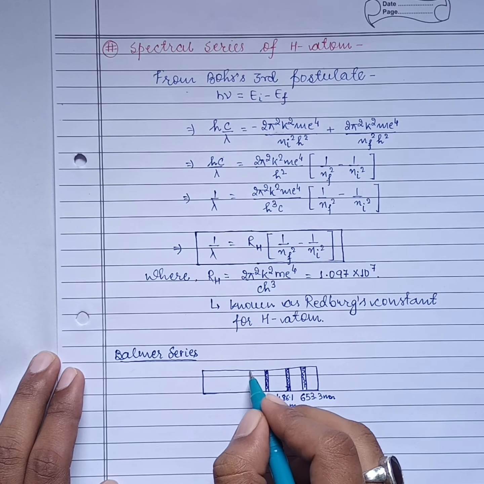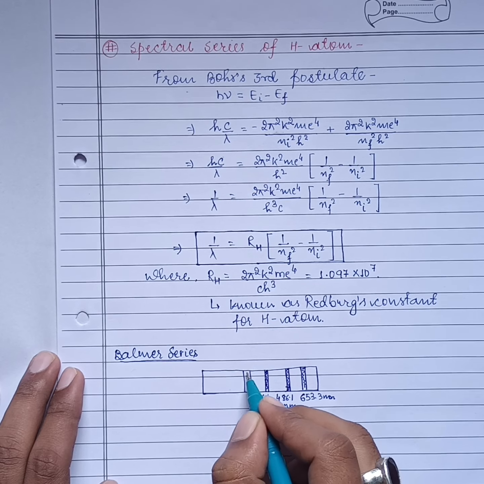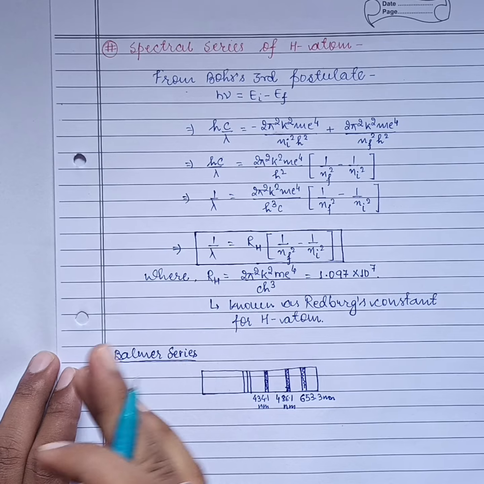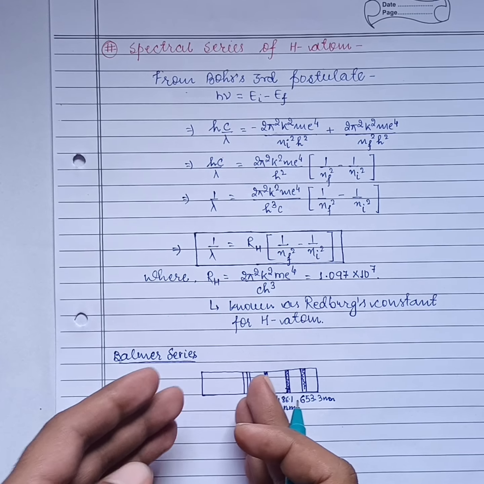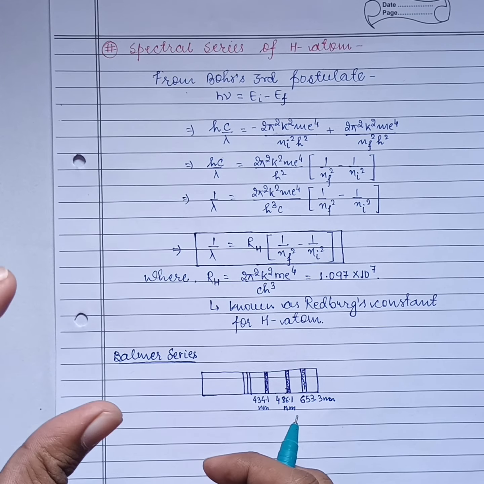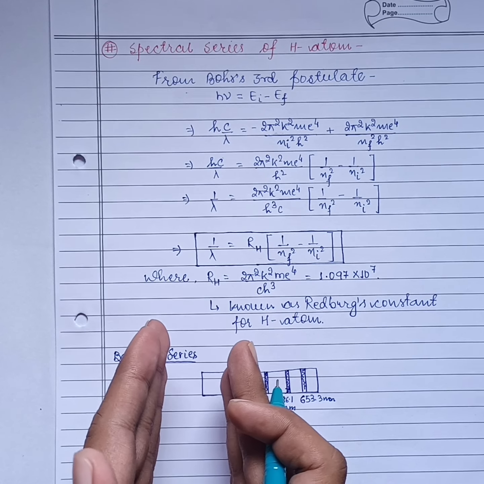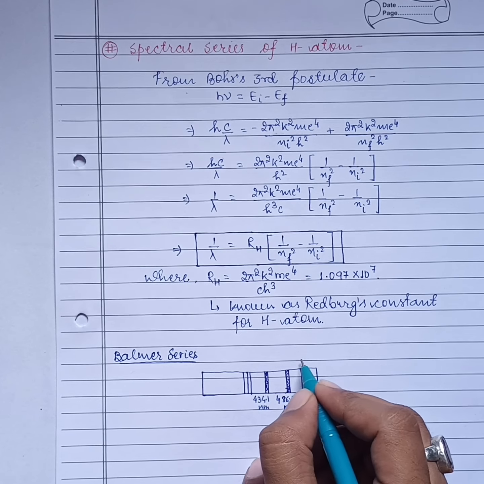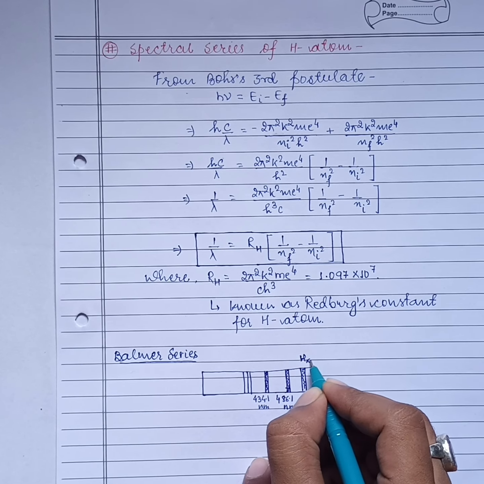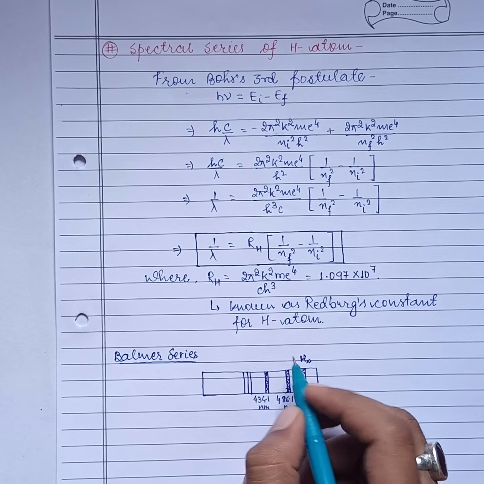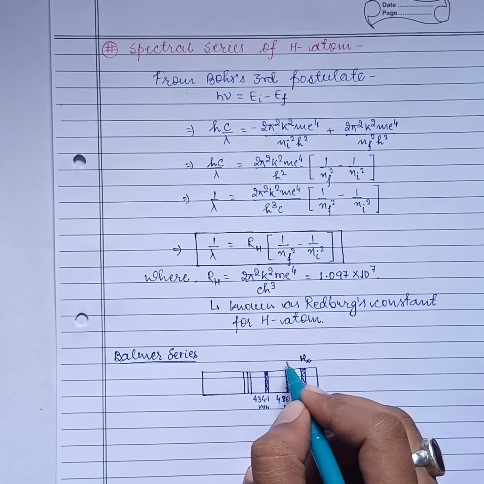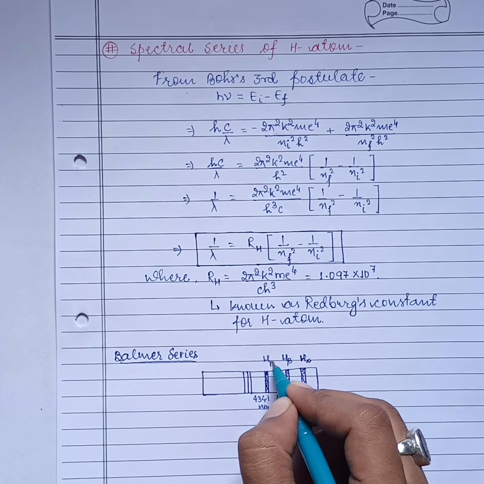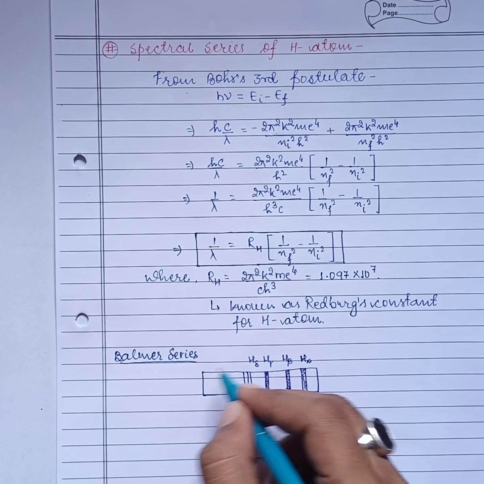Similarly, he saw a few more dark lines, and as he moved to the left, toward smaller wavelengths, he observed that the dark lines were getting closer to each other. He named these lines hydrogen alpha, then hydrogen beta, hydrogen gamma, hydrogen delta, and so on.